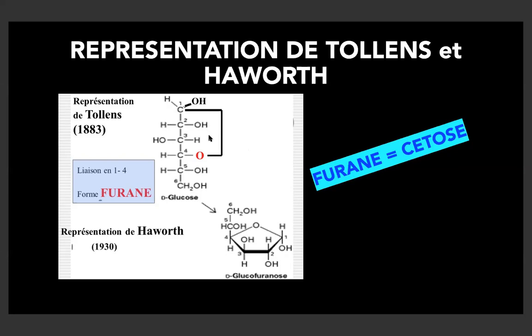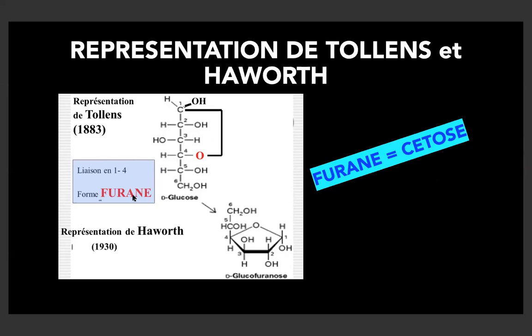So I repeat. What I'm trying to say is that all ketone functions, or all ketose molecules, will always form a liaison with carbon number 4 and carbon number 1, and their liaison will be called a furan.